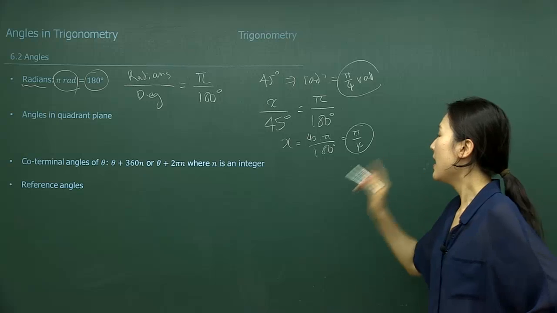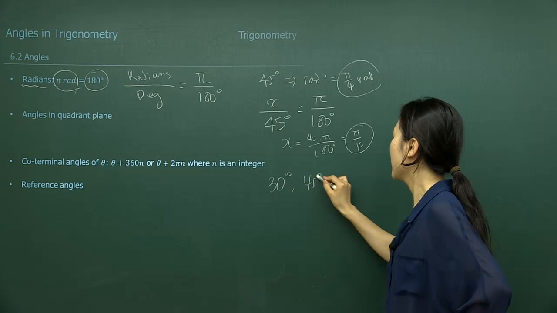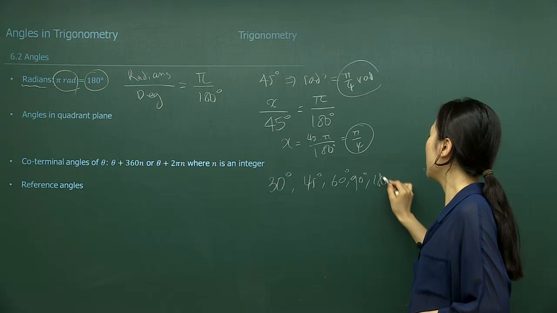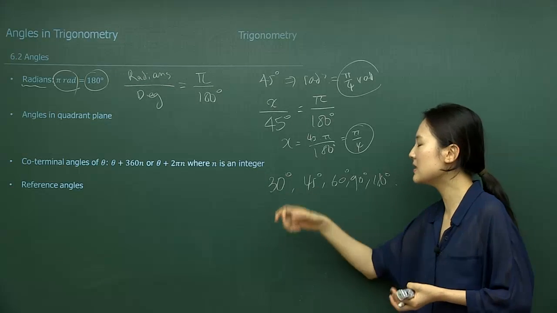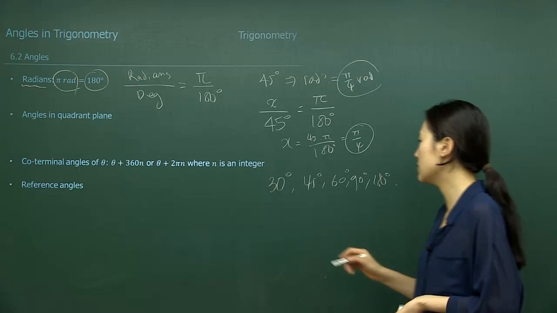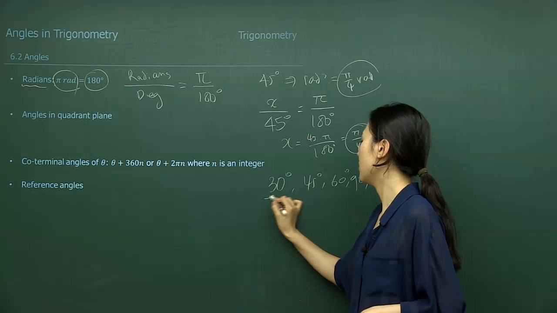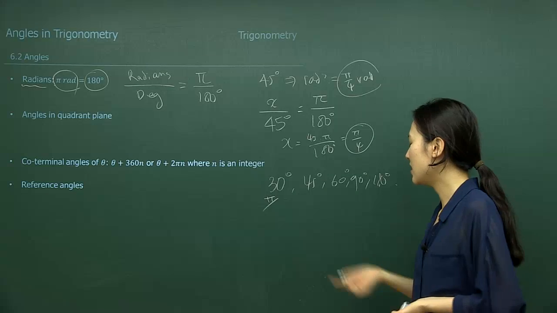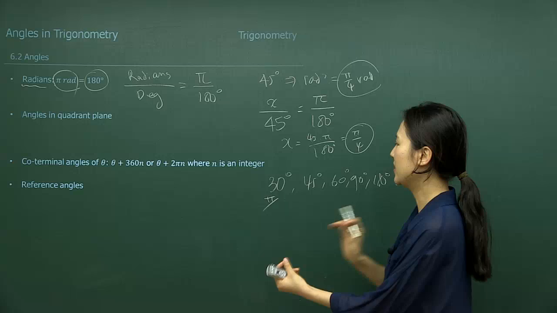Exactly. And at least for 30, 45, 60, 90, and 180, you should be able to tell what this is equal to in radians right away. It really helps when it comes to solving questions, or when you're looking at the function, because many of the functions are actually using radian measurement for the scale for the x, for the angle part.